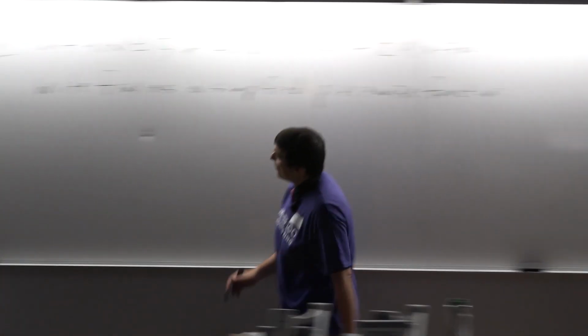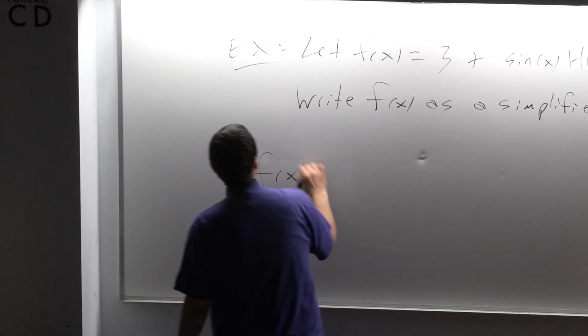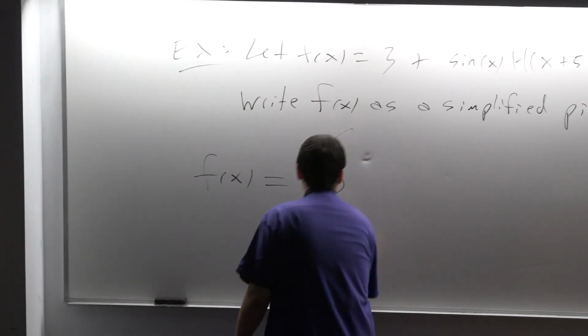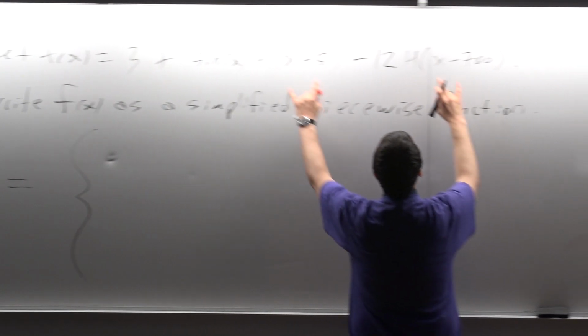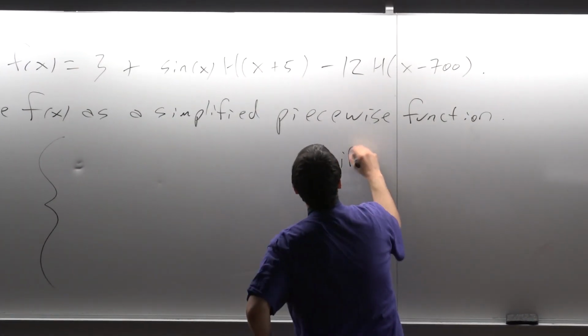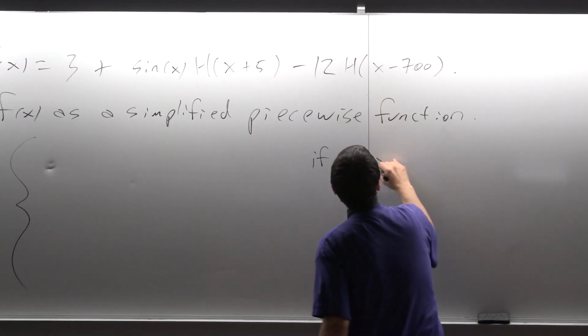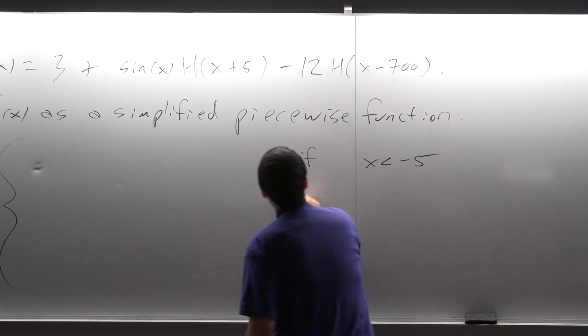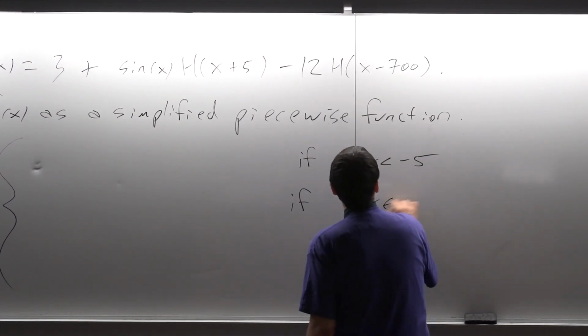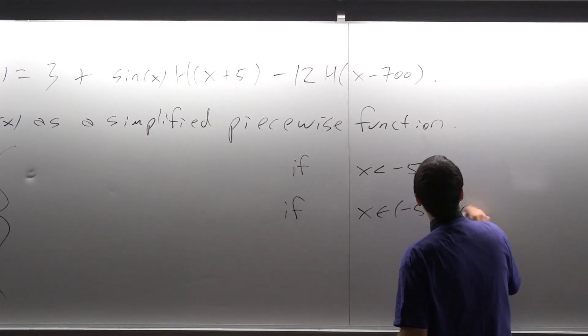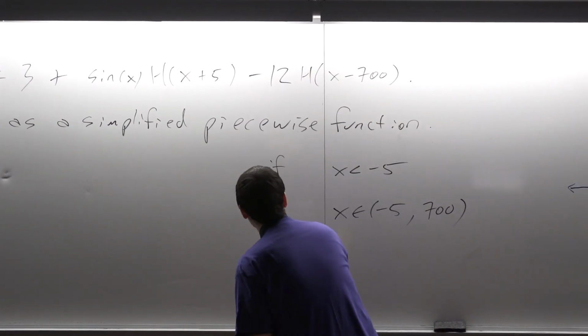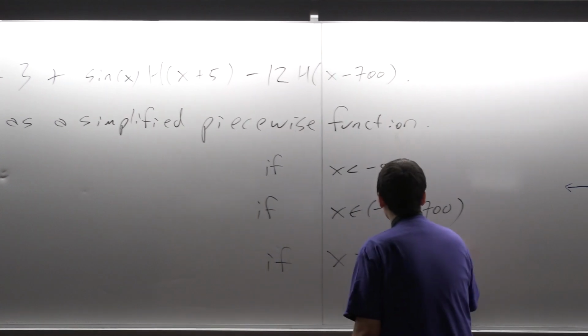So what I'm going to do first is focus on that aspect only. I'm going to focus on the fact that there's a piecewise function that is changing what its output is going to be depending on where x is relative to negative 5 and also where x is relative to 700.